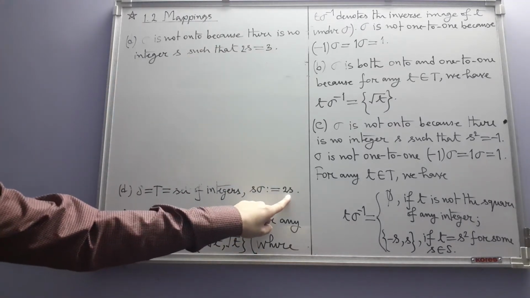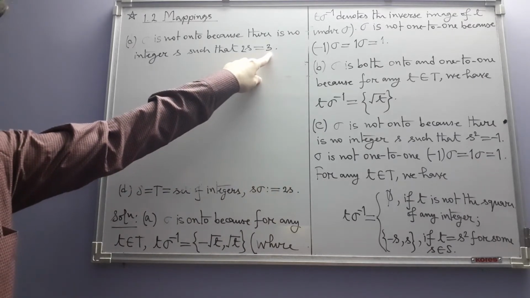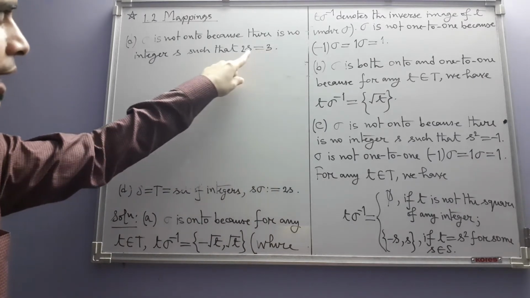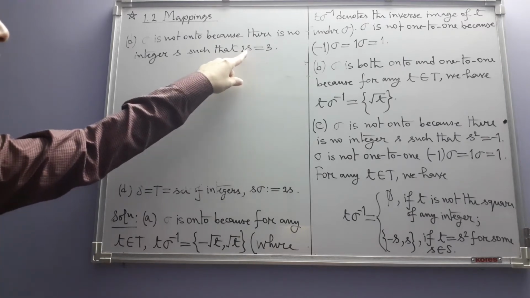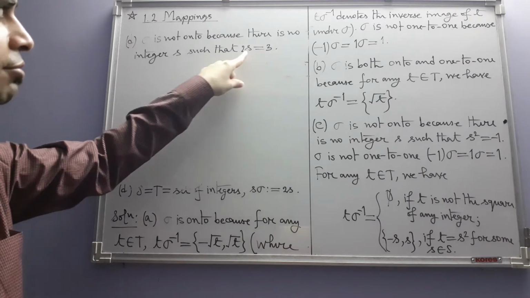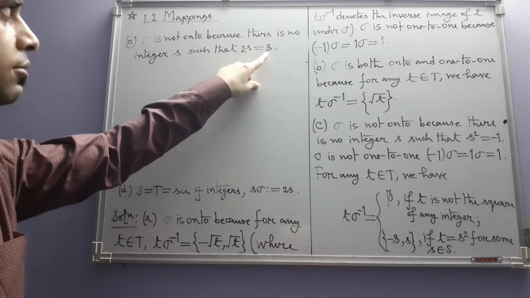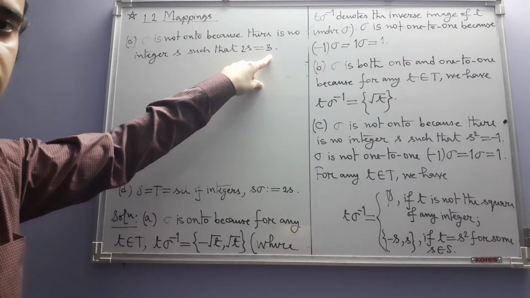All the images are even integers. So this odd integer 3 cannot be an image, and that you can see from here also. If you assume that such an s exists, then if you solve this equation in the system of real numbers or rational numbers, you get s equal to 3 by 2, which is not an integer.